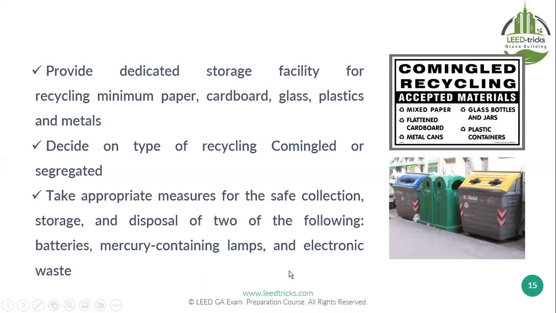Electronic waste is hazardous, or toxic. Lamps containing mercury are also hazardous waste. I'm just giving you more details and examples about waste, but it depends on your activity. Maybe you are a factory, chemicals or petrochemicals, and some types of waste from this manufacturing are also hazardous. So I'm just giving examples here for common buildings.